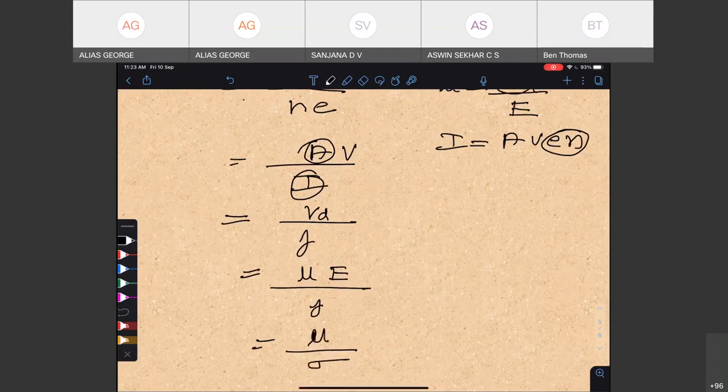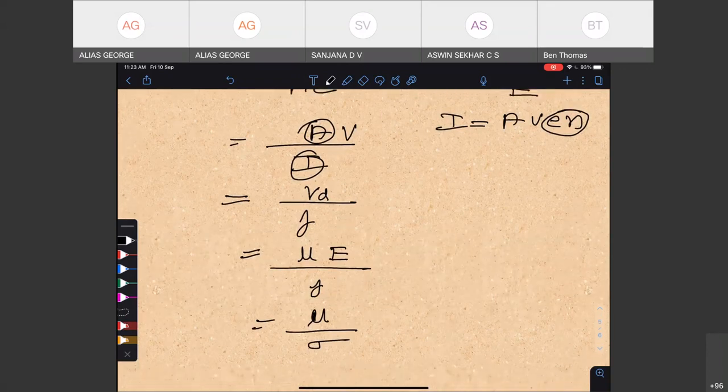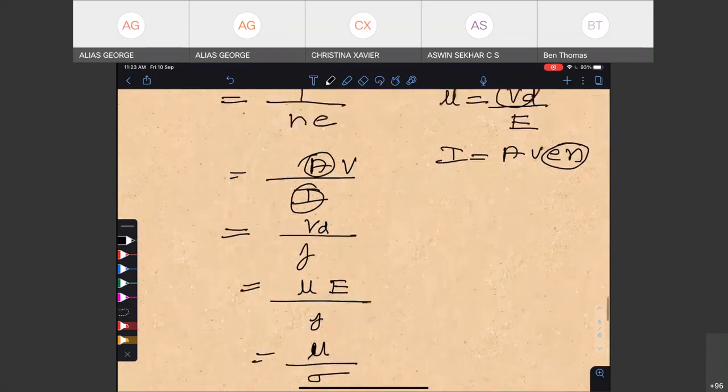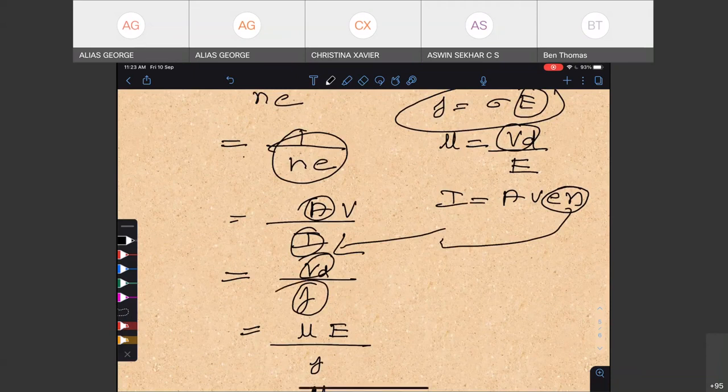Is that clear? You got this equation? How am I deriving this? 1 by n is there. I substitute for this equation and I got drift velocity by current density.